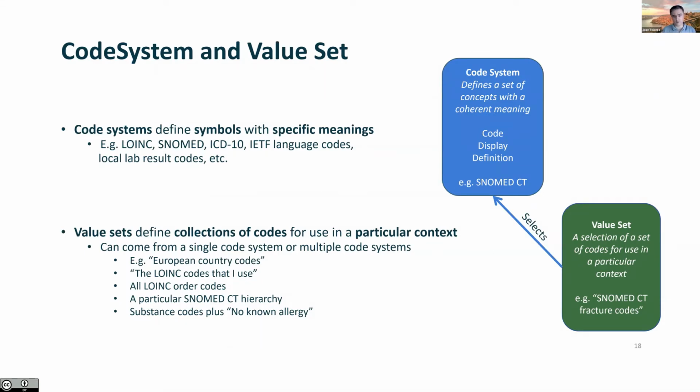So we say we want SNOMED CT codes, but only under, for example, fracture codes, and then we can make that value set as a subset of SNOMED. So for our purpose of recording what this fracture is, why the patient is going to the orthopedist, we have as a value set only the things that are relevant to fracture codes.